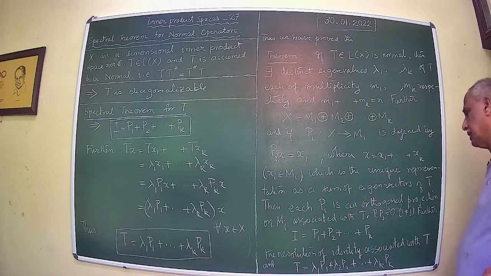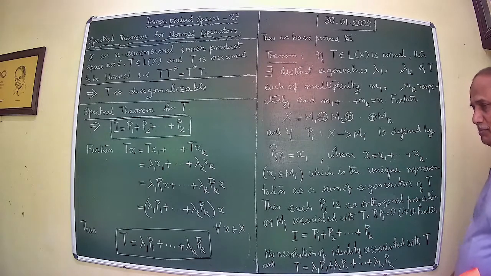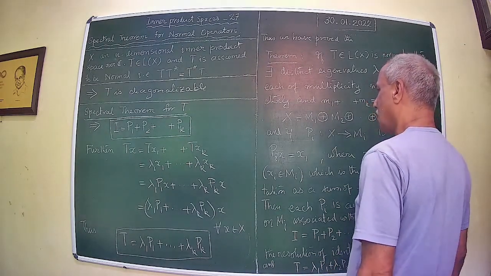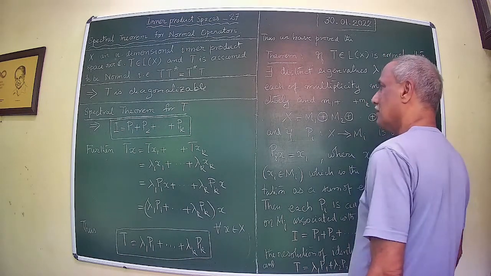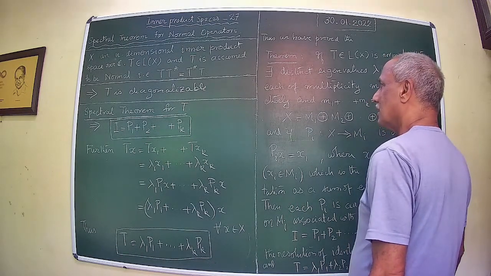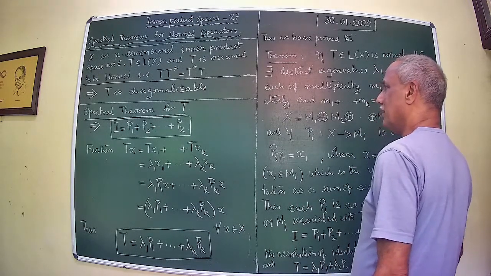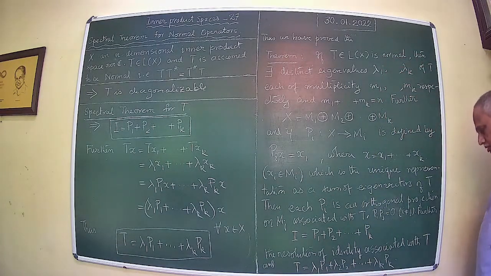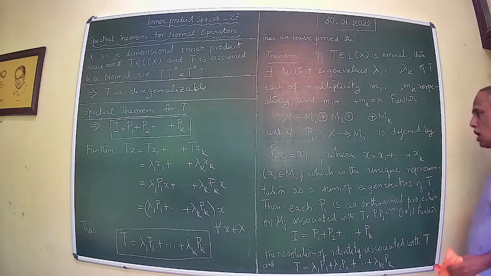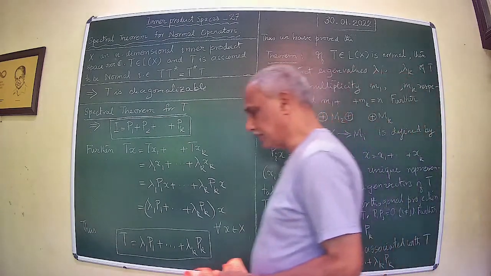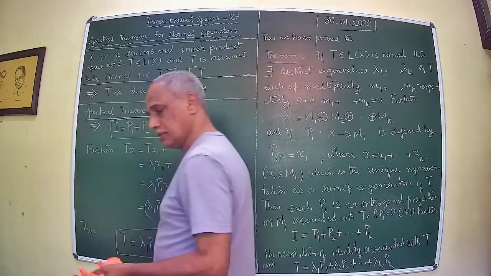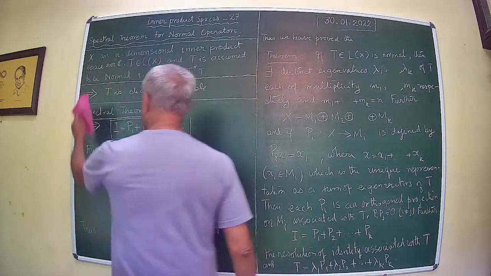Now this is a beautiful consequence of the diagonalizability of a normal operator. Now what we want to do is, how does the matrix representation look like? Okay, so let us do that, and then that will finish everything.